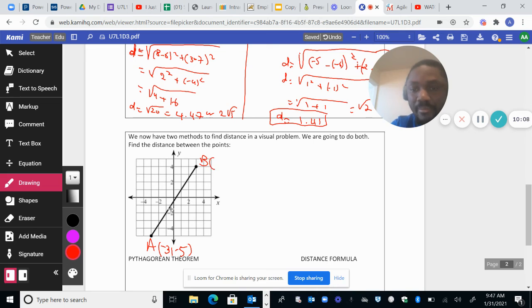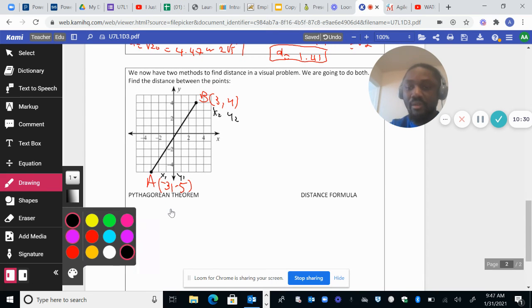What about B? B is at x value 3 and y value 4. If you decide to call this x1, y1, this is x2, y2.